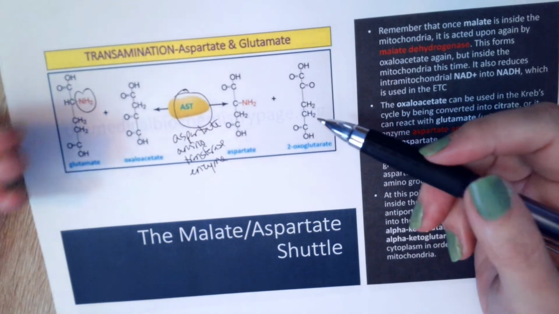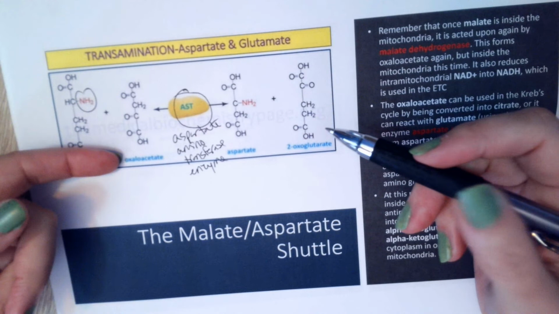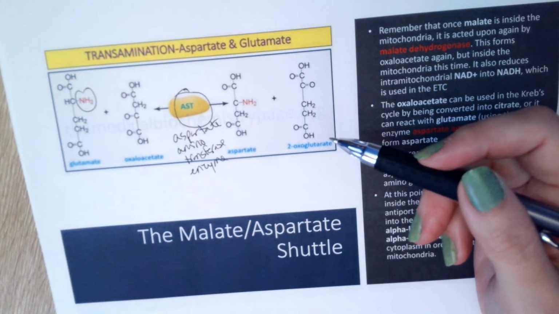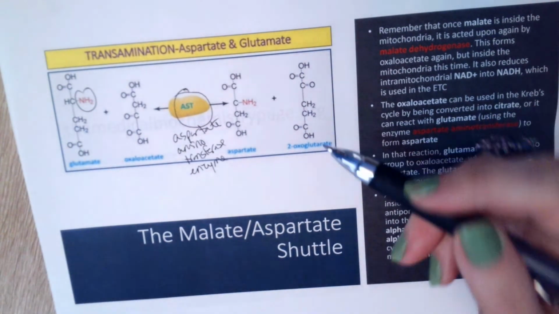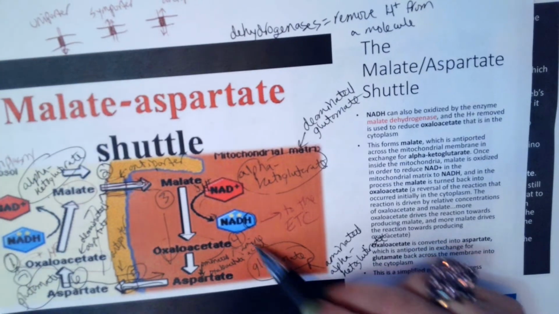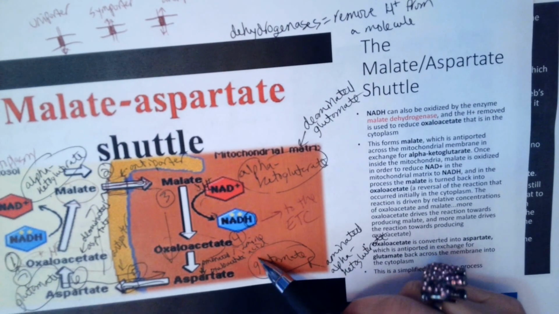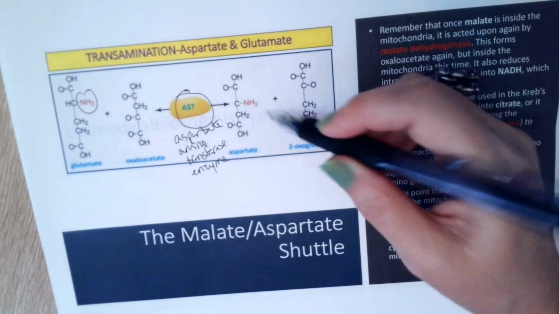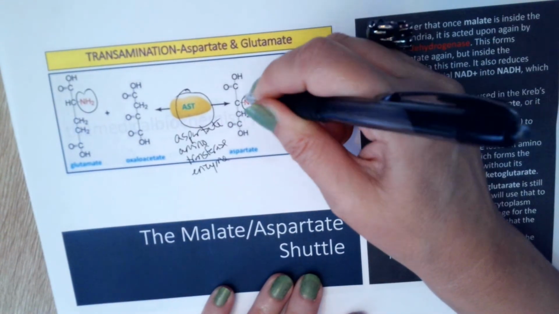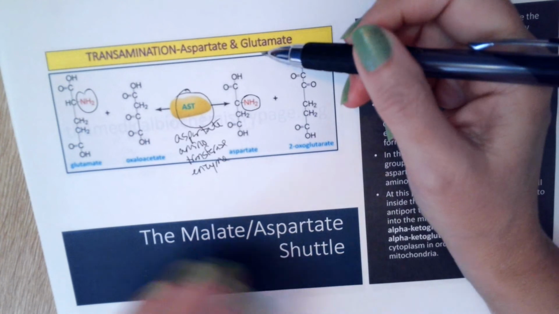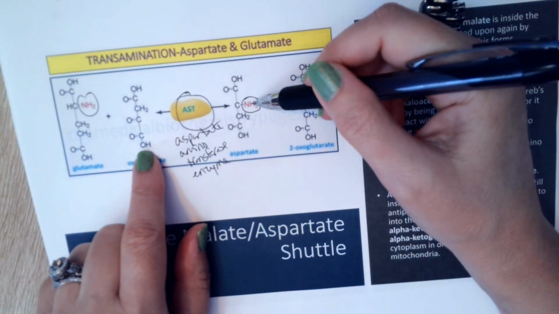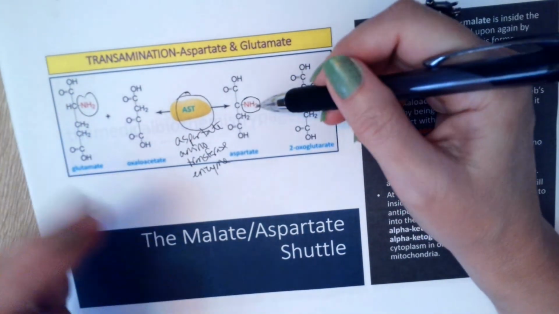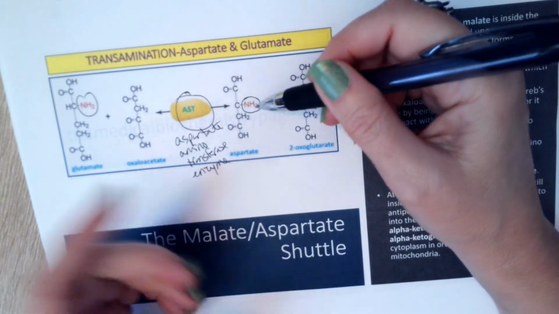We're going to add it to oxaloacetate. So that is what we're doing right here, step number 4. And in so doing, we will form aspartate. There's that amino acid. So we just had oxaloacetate, now it has an amino acid on it, rearranged a little bit, and we have aspartate.